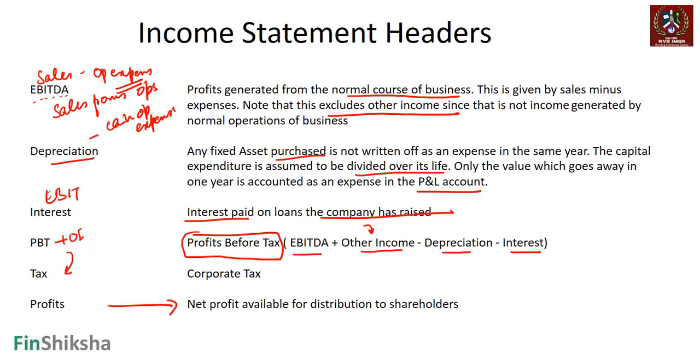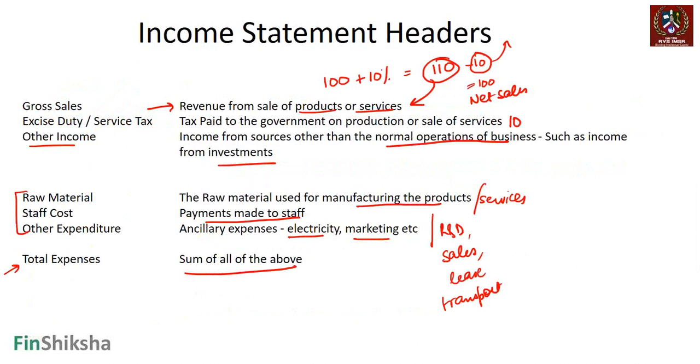Those are the major headers in any financial statement that we will typically find. Now, you will find that for manufacturing companies, raw materials will be the bigger segment. And for a lot of the services companies, staff cost will become the bigger chunk, right?